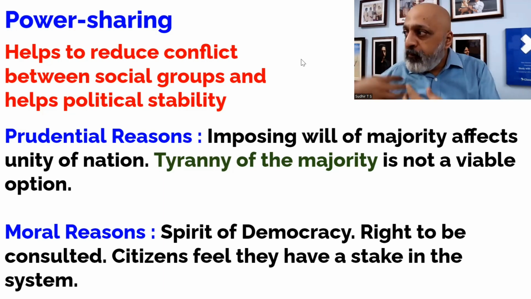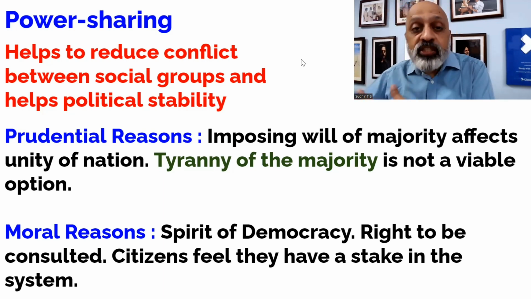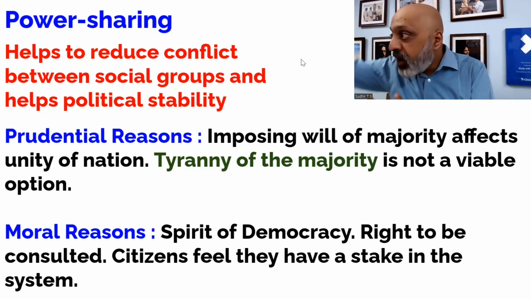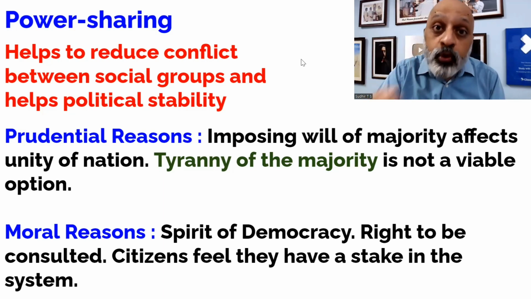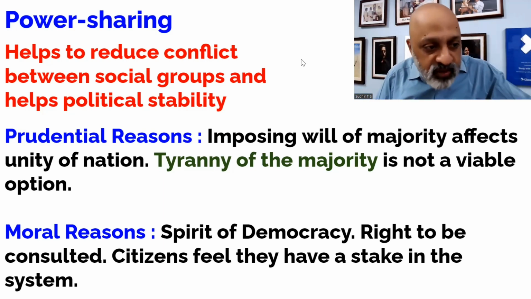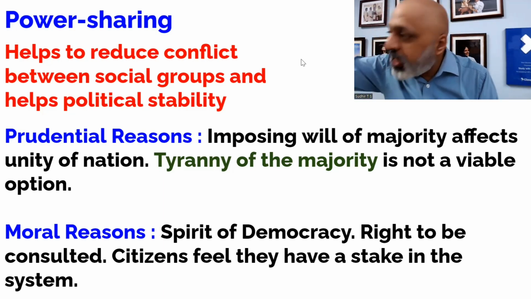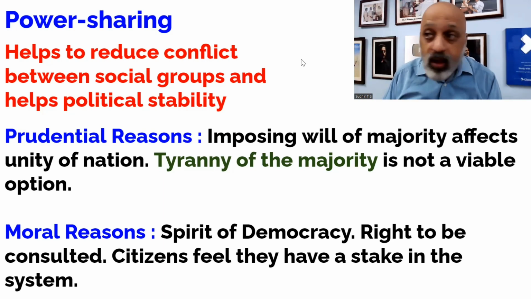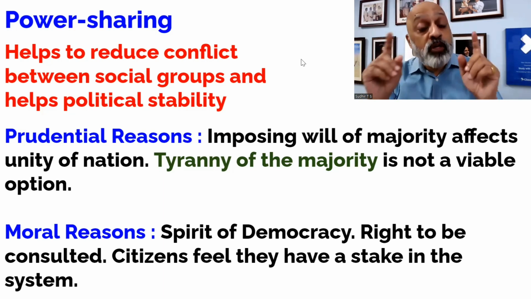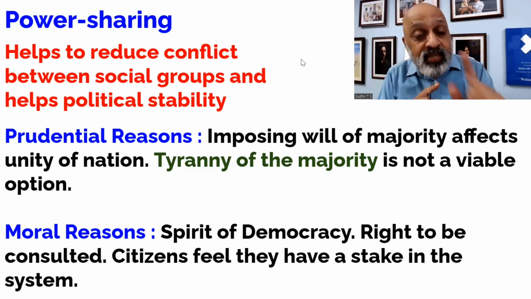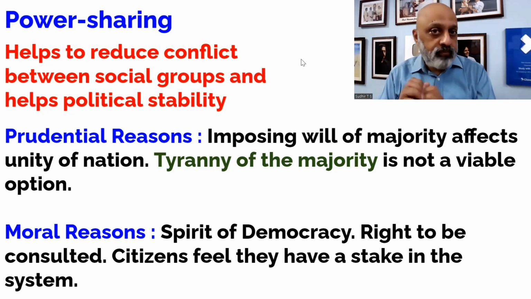A Hindu may have a Muslim neighbor, but I cannot allow my two different religions to become a wall between us. We need to be together as a community, because the road that passes in front of my house will also pass in front of your house. We cannot afford to build walls between different communities, because we are all at the end of the day citizens of the same country.